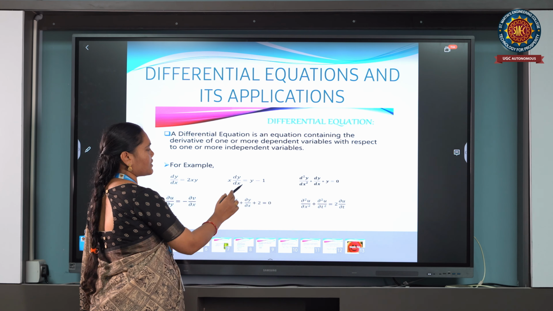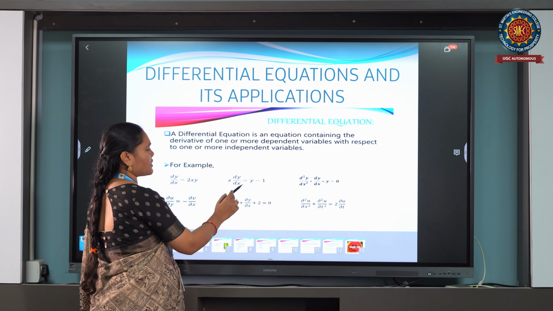And another example, dou u by dou y is equal to minus dou v by dou x. It can also be written as dou u by dou y plus dou v by dou x is equal to 0. These are also examples of partial differential equations.